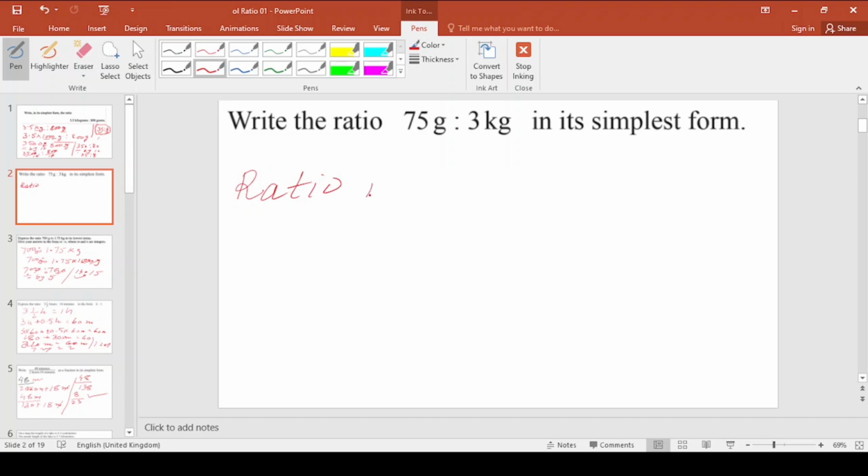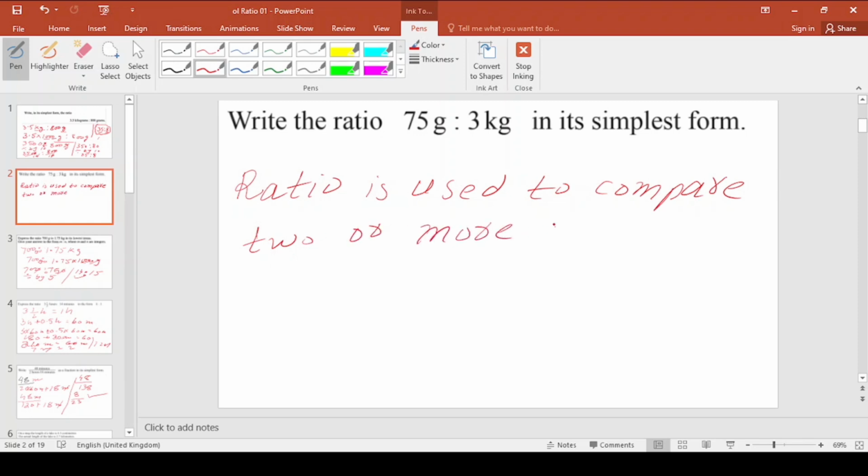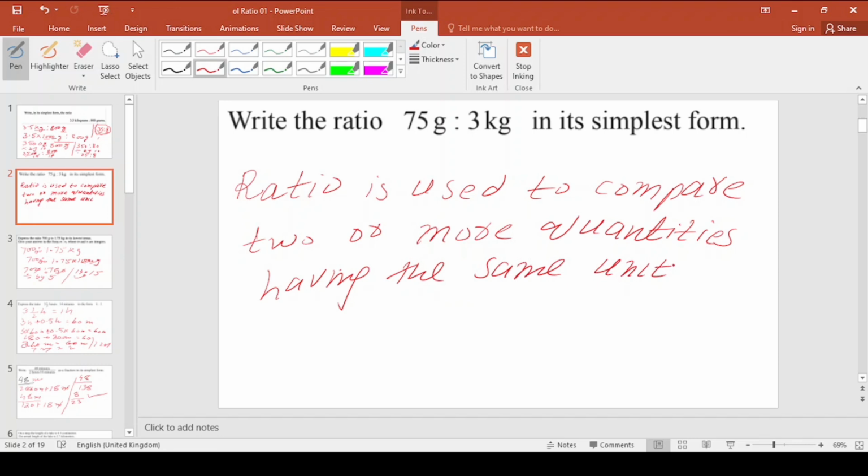So ratio is used to compare two or more quantities having the same unit. Yes, this is the function of ratio. Ratio always compares two or more quantities having the same unit.